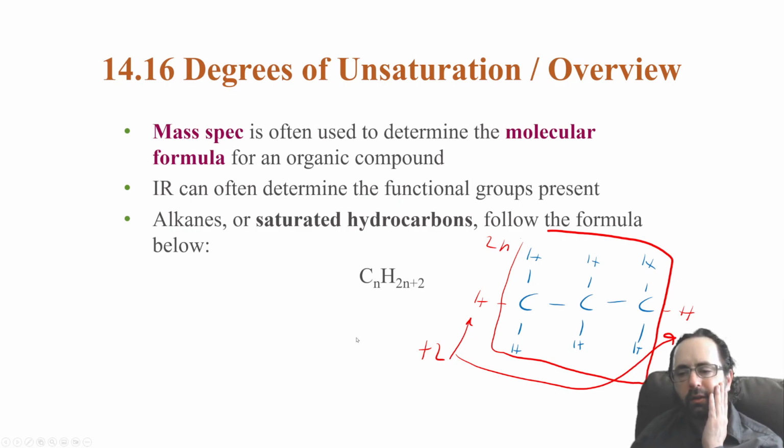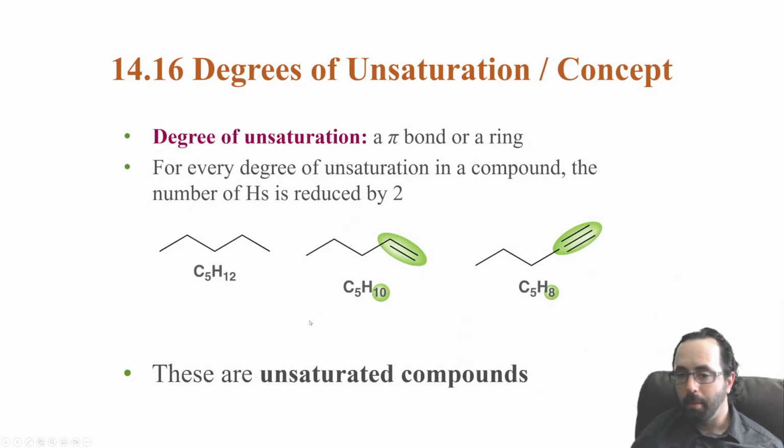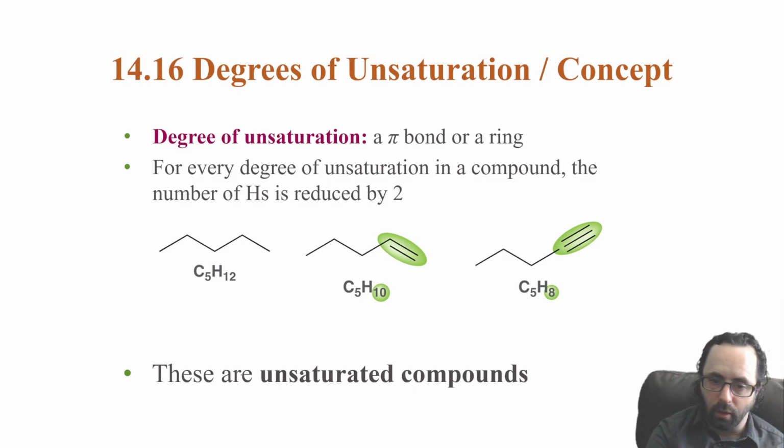And what we can do is analyze the mass and try to guess at how many hydrogens there should be. And that can help us, given the functional groups that we know, determine what the molecular formula is. So for example here, if we have C5H12, this 12 is 2 times 5 plus 2, which equals 12.